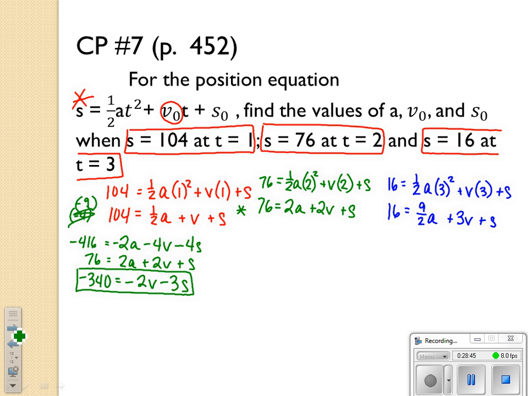So multiplying -9 through my first equation, I'm going to have -936 equals -9/2 a minus 9v minus 9s. Now I'm going to rewrite my third equation underneath here and combine. So -920. The a's eliminate. -6v minus 8s.